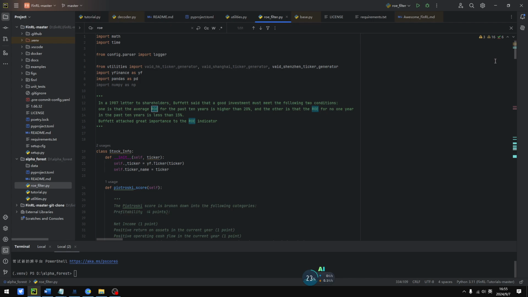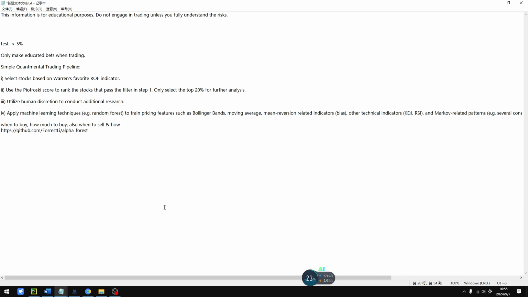After doing those researches, we will be able to get some kind of list later on. I do not just want to share the stock list with you guys to trade, because you need to utilize human discretion to conduct additional research. Those 2 steps are just tools we can utilize to filter out 95% of the stocks that don't make any sense, right?